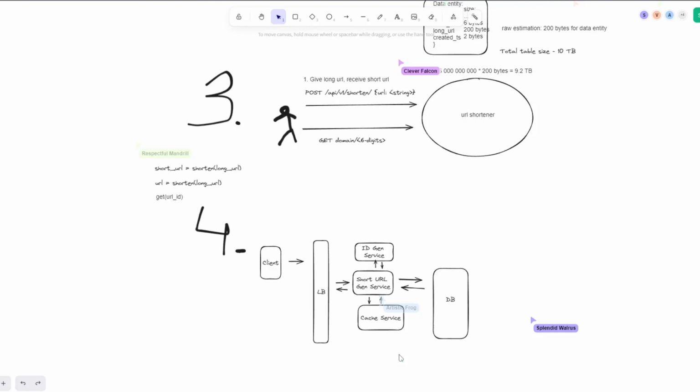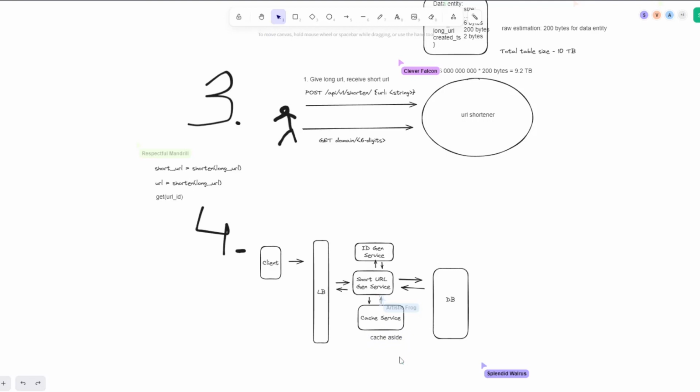And what kind of cache system are you implementing here? It's a simple one. We can use something like Memcached since the usage is pretty small, and Memcached is faster than Redis in that scenario.